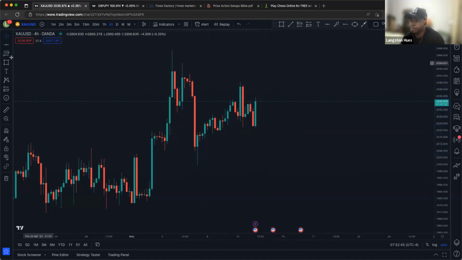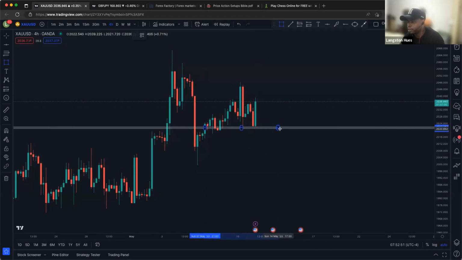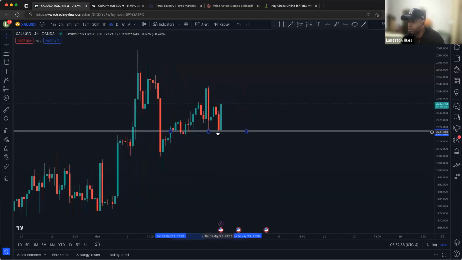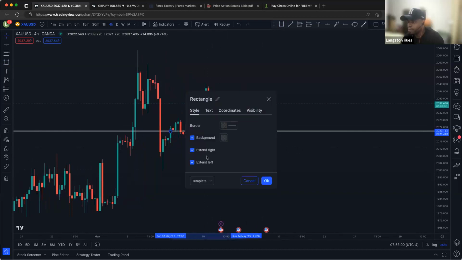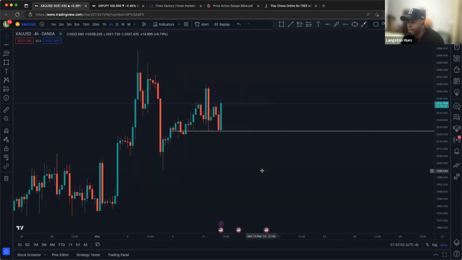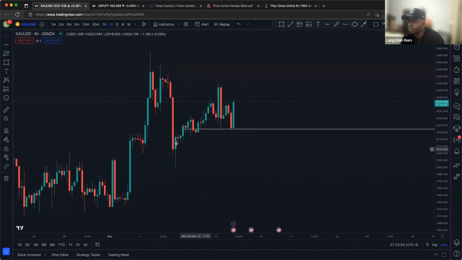But what is that 50% level? If we looked at it, there was a level right here. Was it really the Fibonacci that's telling us that, or is it just a level there?